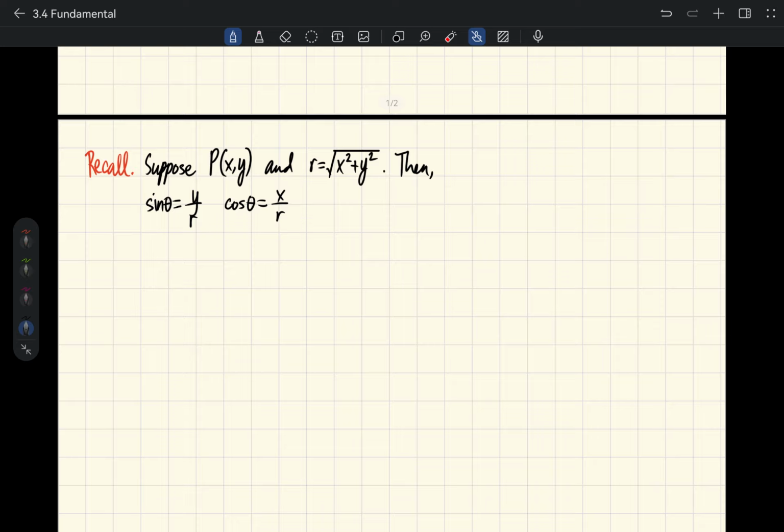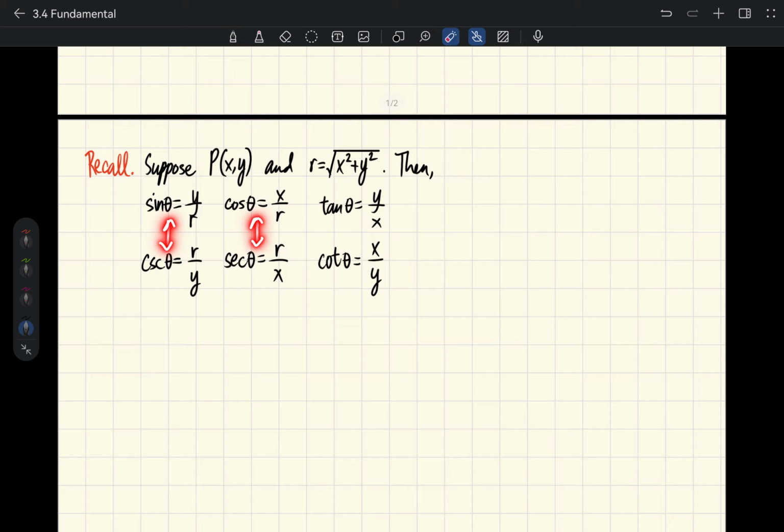Then you have tangent theta equal to y over x. Then we have cotangent theta equal to x over y. Next, we have secant theta equal to r over x, and cosecant theta equal to r over y.